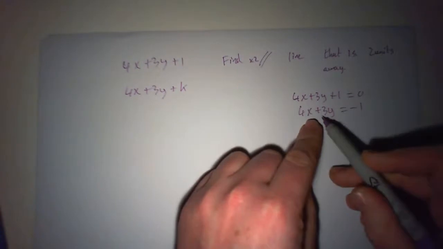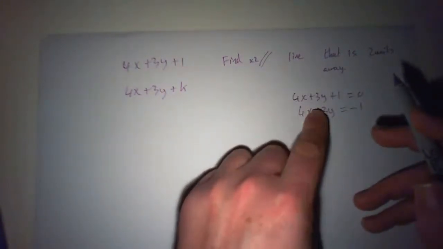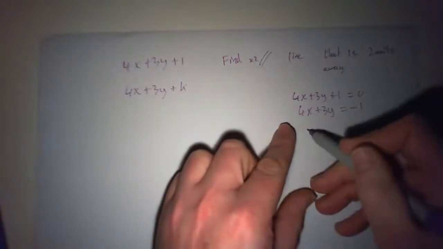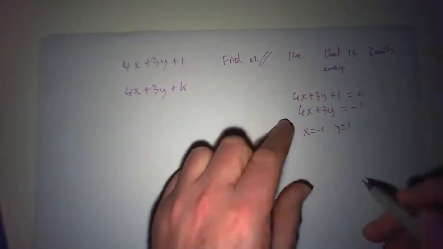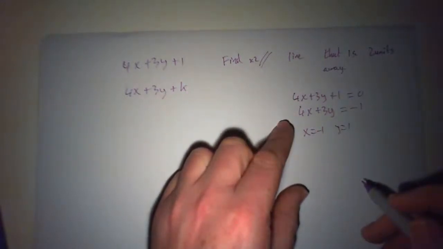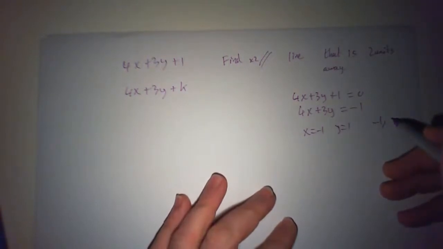That's an easy one if you want to find a quick point: minus 4 plus 3 is minus 1. So if x is minus 1 and y is 1, then that will generate a minus 1, which is perfectly fine with me. So minus 1 and 1 will work fine.